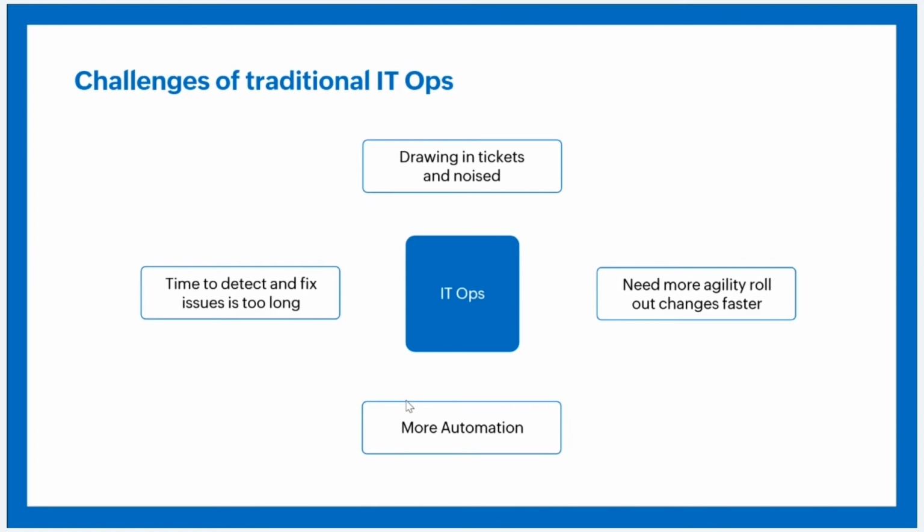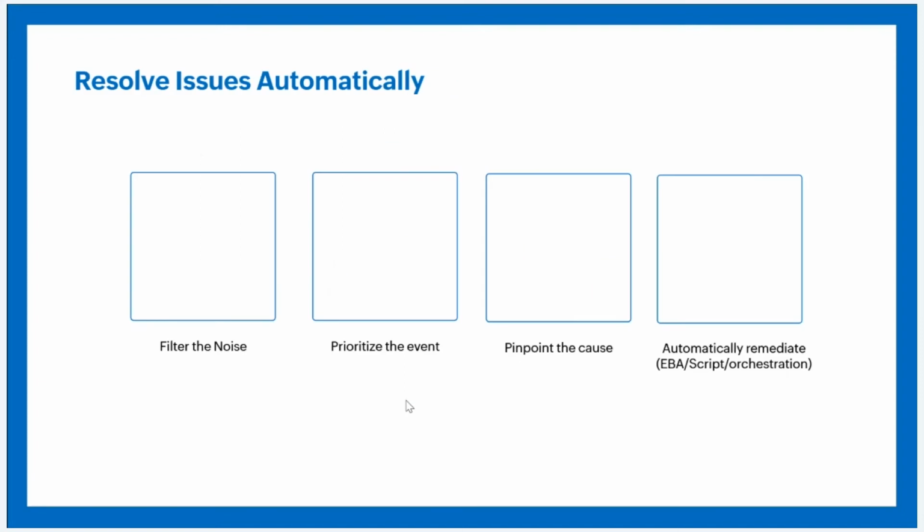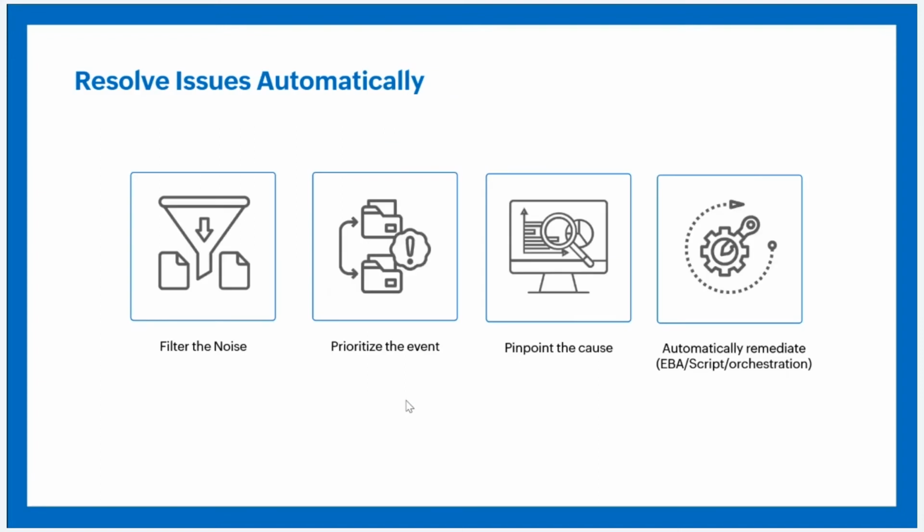So now let's see how these could be optimized in terms of alerting, and how to filter the unwanted alerts and prioritize the events that admins should focus on, pinpoint the cause, and automate using any script or container-based orchestration, because as a tool, it supports multiple levels of automation, and apart from that, an additional level of customization is also possible. Now just let me switch back to the product.